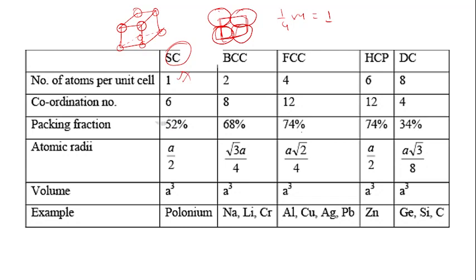Here you can see that FCC and HCP both have the highest packing efficiency. That means in these kinds of crystal structures, the atoms will be closely packed, dense, very near. Simple cubic is 52, BCC 68.